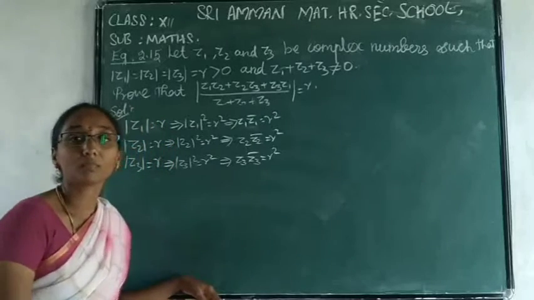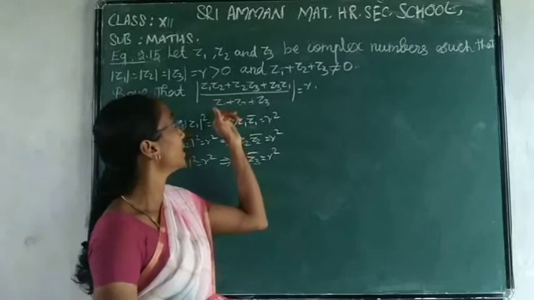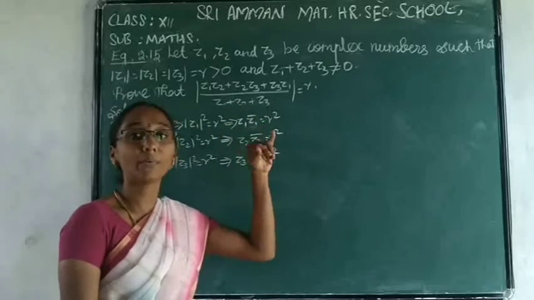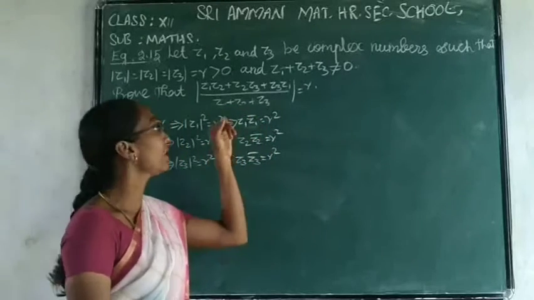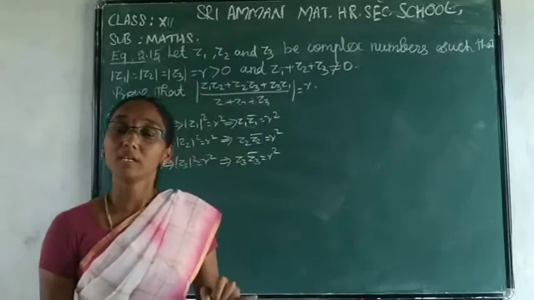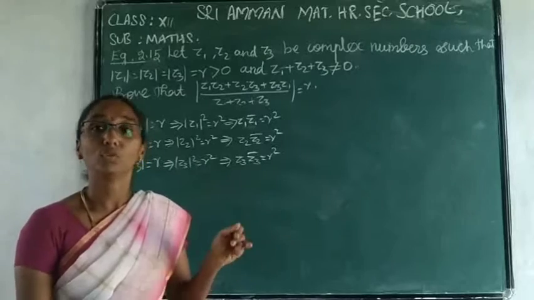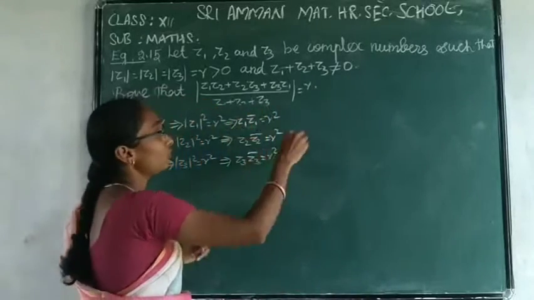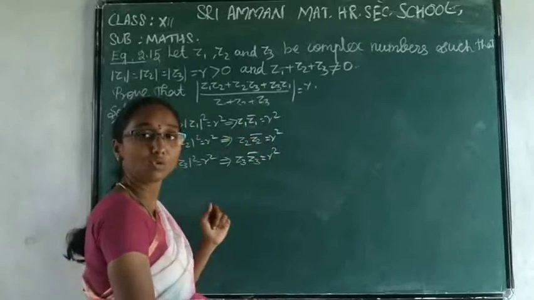Listen. Here, in the proving part, consider the denominator z1 plus z2 plus z3. So we need the values of z1, z2, z3.